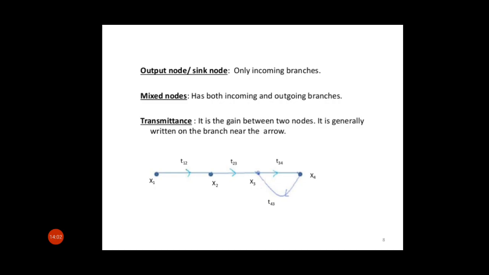Next, output node. An output node has only incoming branch.